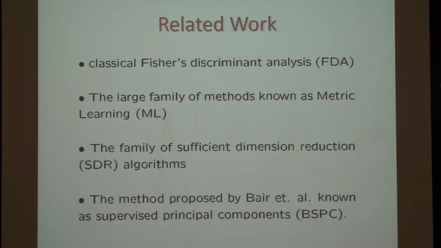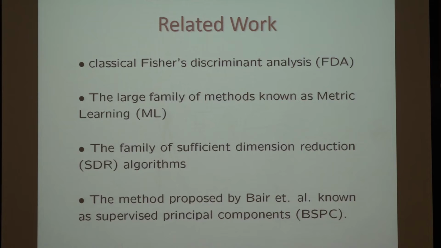So in the literature, there are many different techniques that somehow try to do this. We learned about FDA, Fisher discriminant analysis. There is a class of techniques, not just one technique, a class of algorithms called metric learning that try to do something similar.